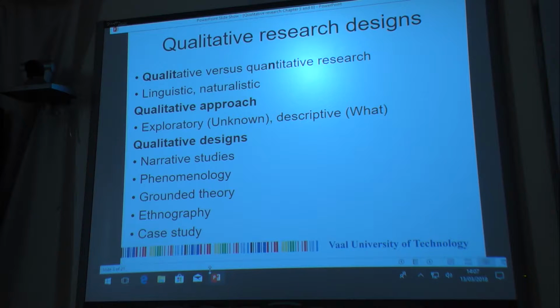Right. You will also see there, your qualitative approach is more exploratory. In other words, we look into the unknown, and we also have in our qualitative approach descriptive research. Describe exactly what is happening in a certain situation. We have 5 qualitative research designs.